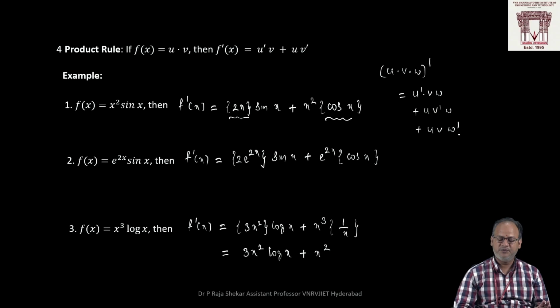So likewise, even for three functions, this can be used. But mostly we look into the derivative of a product of two functions, but the same can be extended for three functions as well, just as we do in the case of a product of two functions.